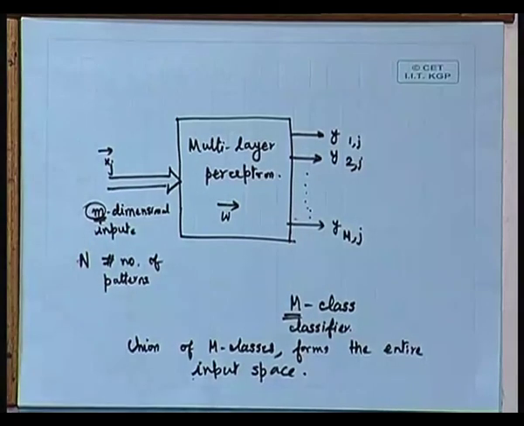Okay. Now, there are m number of outputs, but definitely x of j is one pattern. So, x of j will belong to any one out of these m classes. It cannot belong to more than one class. Certainly, in that case, it is an ambiguous classification.